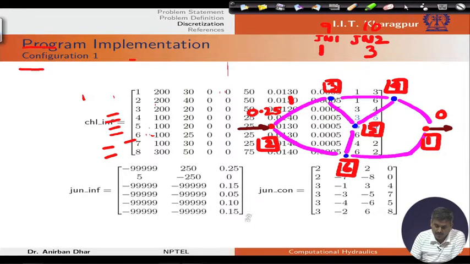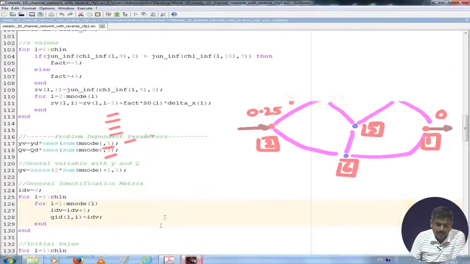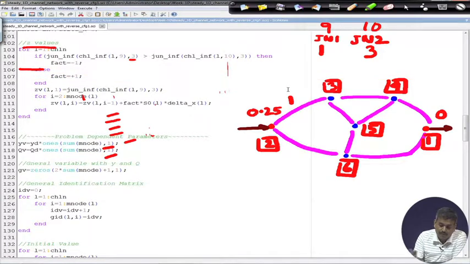Now, for our problem, if this upstream elevation is greater than the downstream junction elevation, obviously this is the natural flow direction.